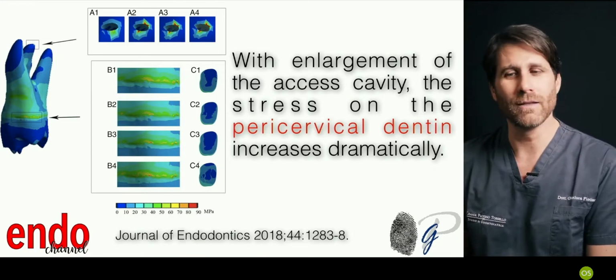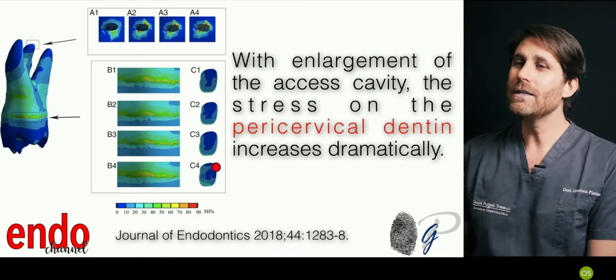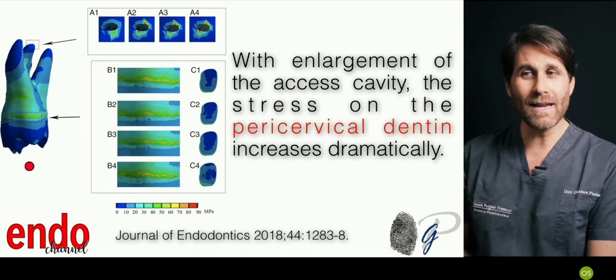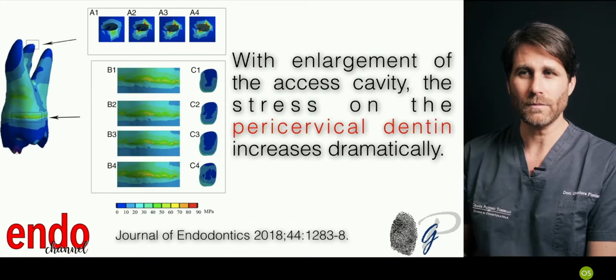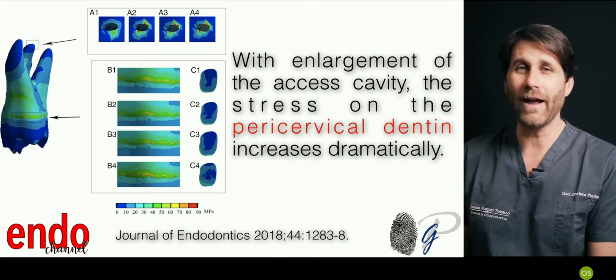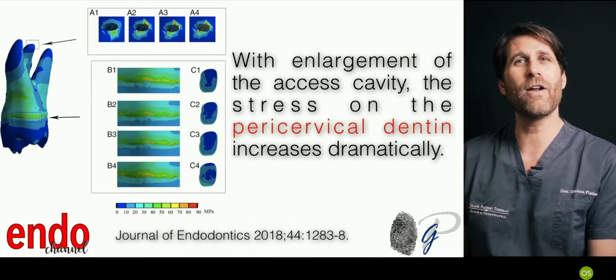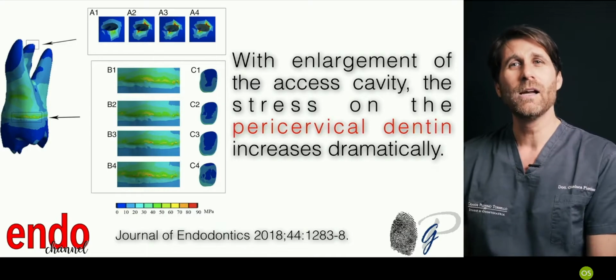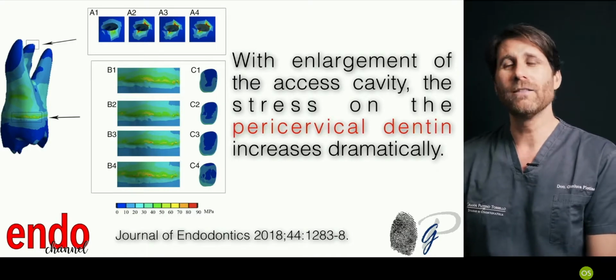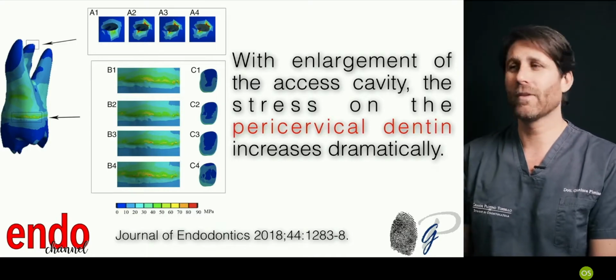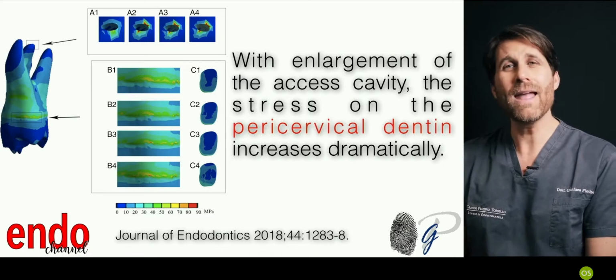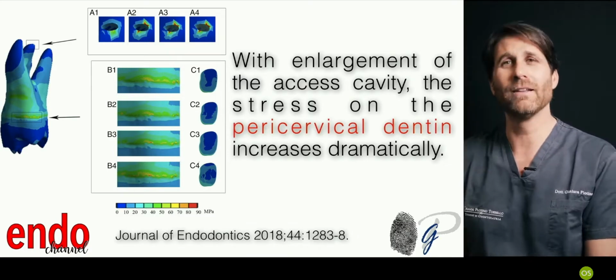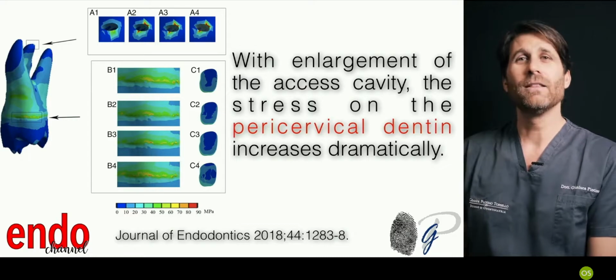What does this result mean? This result means that the stress is mainly concentrated on this area. That is the area in which, in fact, clinically, we mostly see the fracture of the crowns. When the crown fractures, it fractures in that area, mainly in the area of the pericervical dentin, the cemento-enamel junction, the bone level.